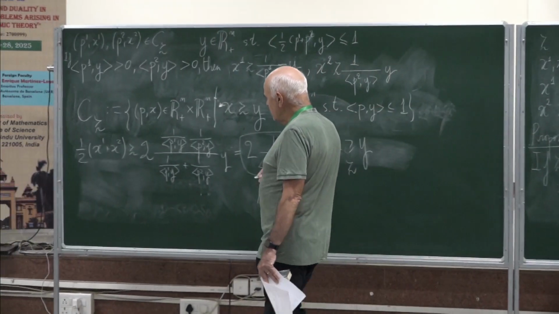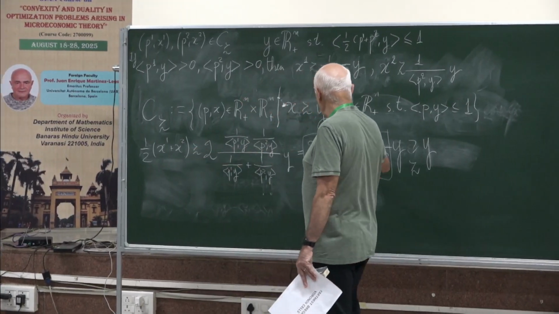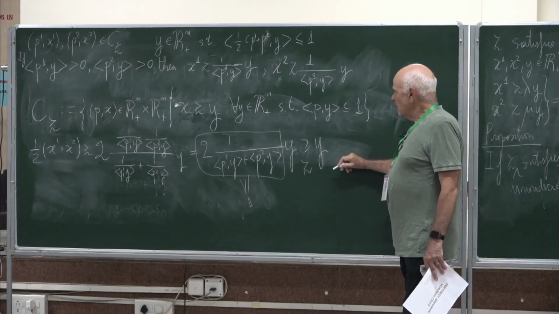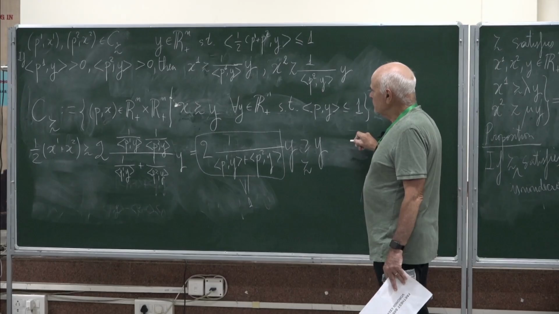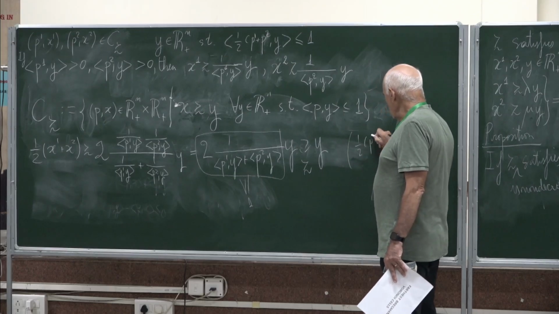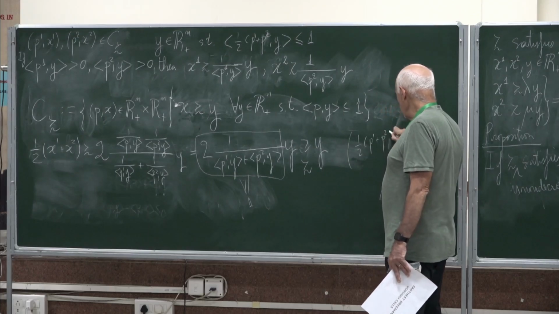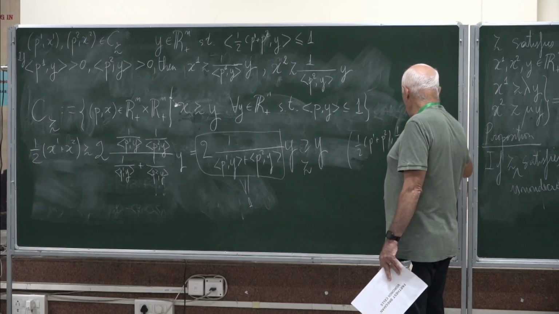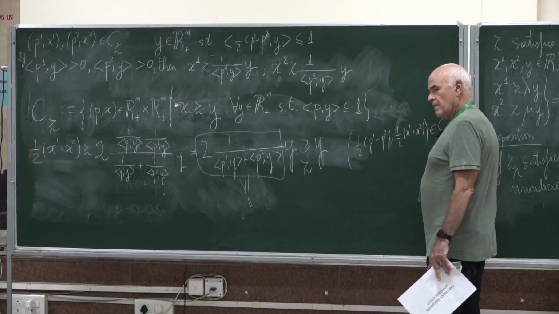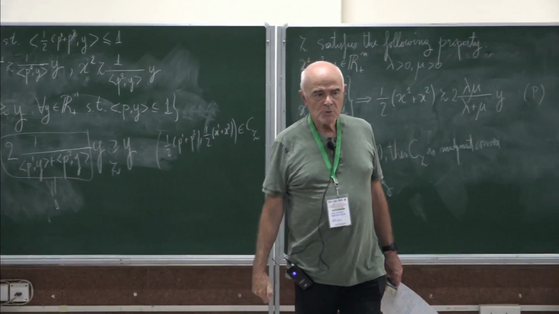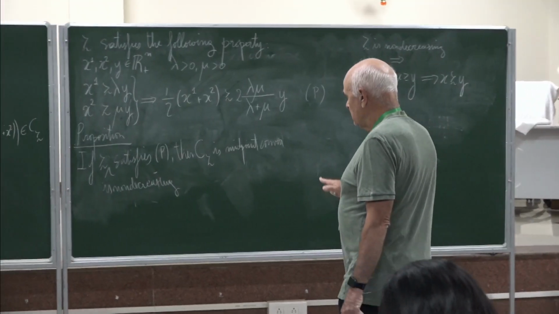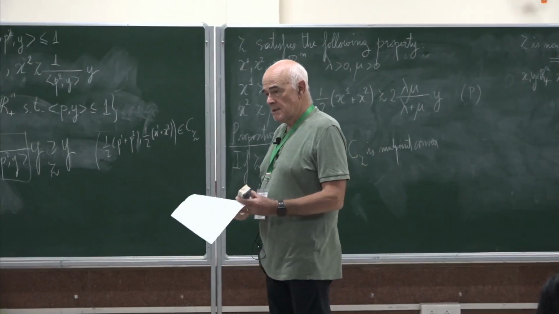So, by transitivity, we have that this condition is satisfied, and so the pair (one half (P1 plus P2), one half (x1 plus x2)) belongs to this set, as had to be proved. Okay? But we have needed the assumption of non-decreasingness.